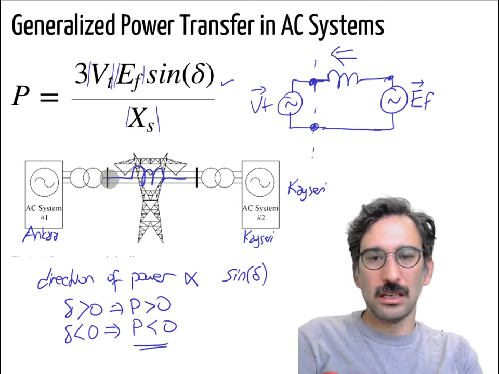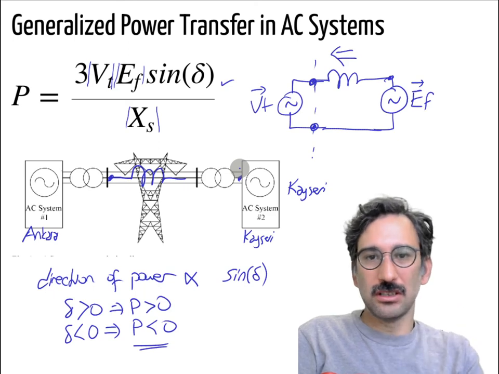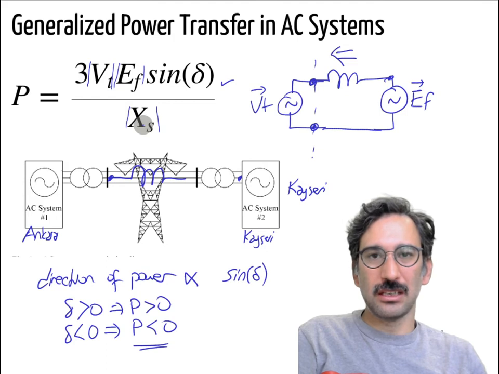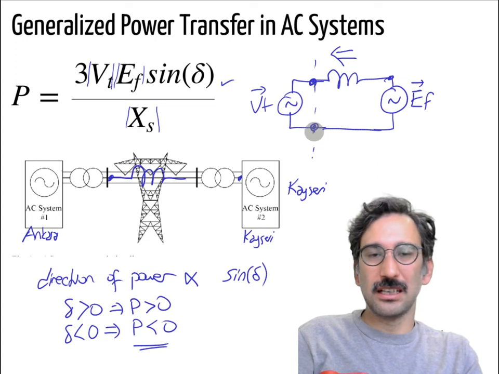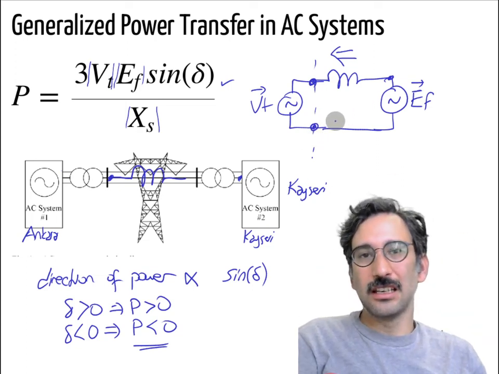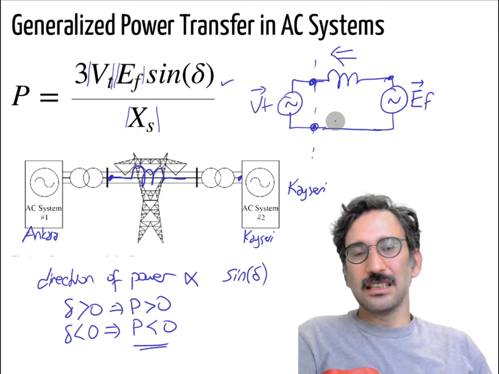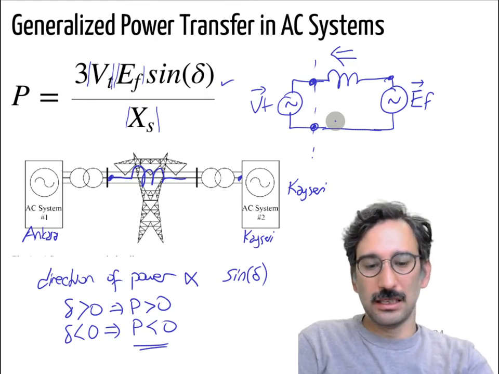But what you can do, you can connect one oscilloscope here, another oscilloscope there, and you can put these two AC voltages on top of each other, and whichever is leading, you can think of those two systems as if they are in a synchronous machine, as if there's a rotor, and again the donkey and the carrot relation. Whichever is leading is pulling the other one, so power flows from the leading side to the lagging side.